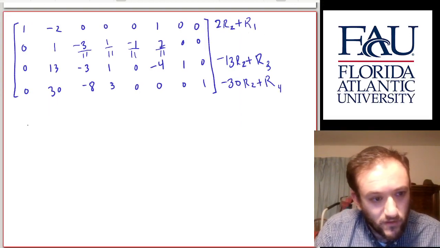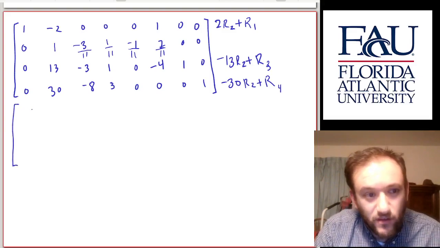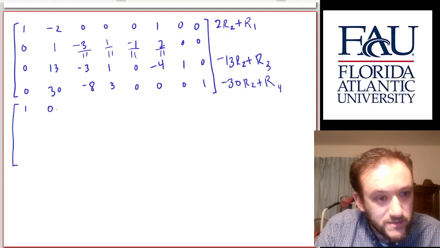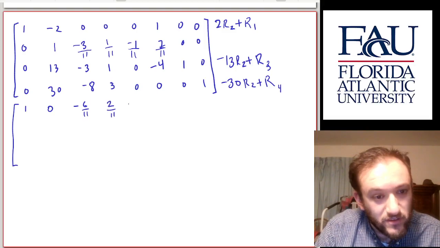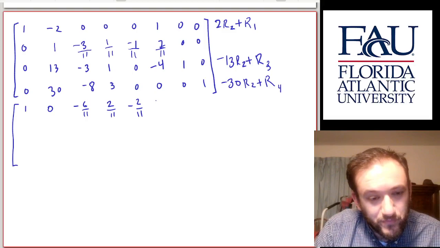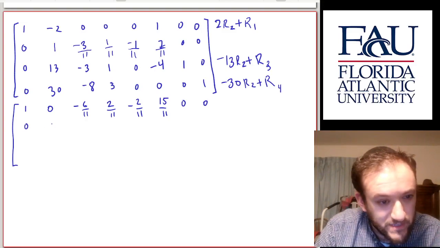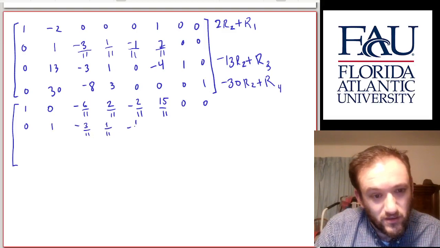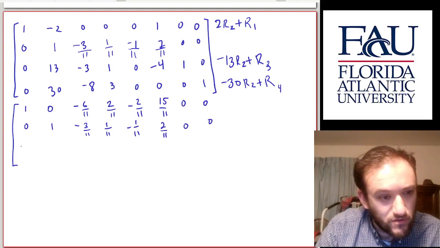So, doing that arithmetic, we get 1, 0, minus 6 over 11, 2 over 11, minus 2 over 11, 4 over 11 plus 1 over 11 gives us 15 over 11, 0, 0. Okay, the second row stays the same. 0, 1, minus 3 over 11, 1 over 11, minus 1 over 11, 2 over 11, 0, 0.